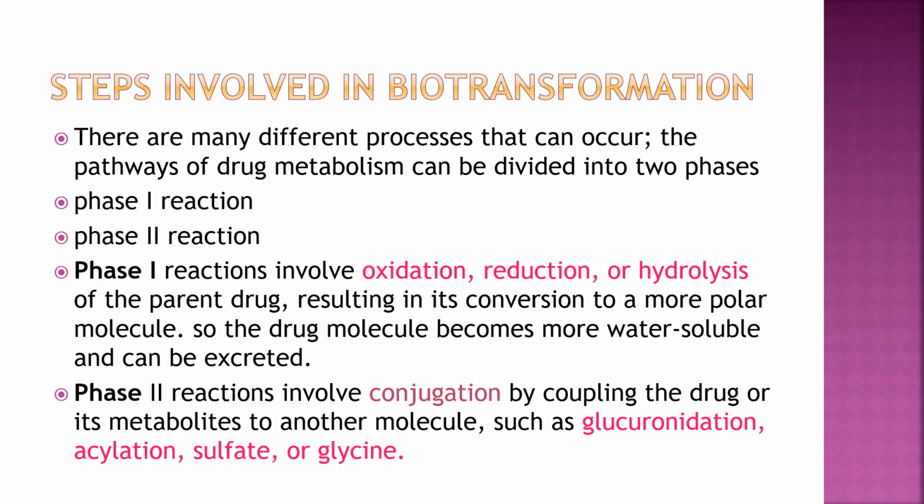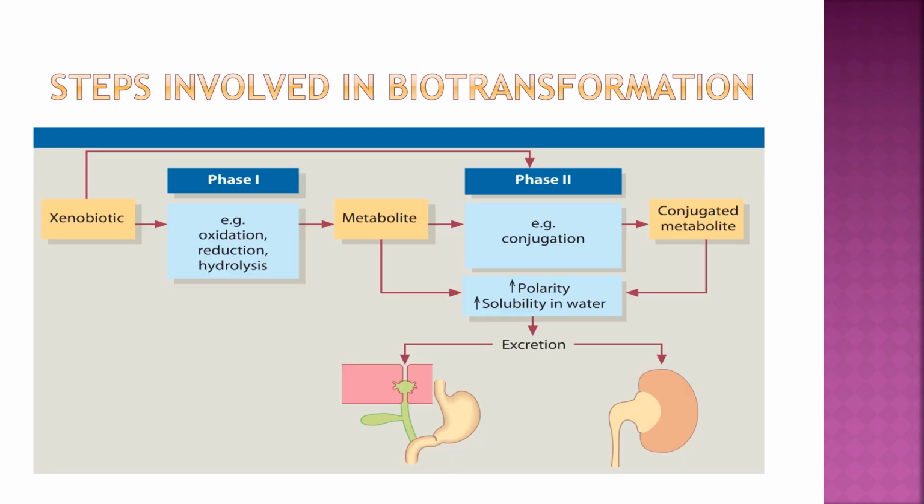What are the steps involved in biotransformation? It can be divided into two phases, phase 1 reactions and phase 2 reactions. Phase 1 reactions involve oxidation, reduction or hydrolysis. Phase 2 reactions involve conjugation. In phase 1 reaction, oxidation, reduction, hydrolysis produce metabolites, which are converted to soluble form and finally excreted.